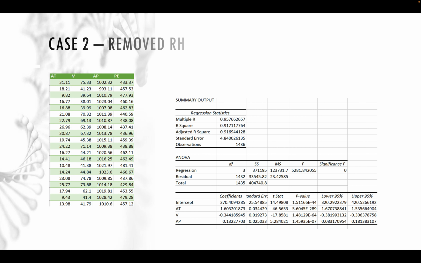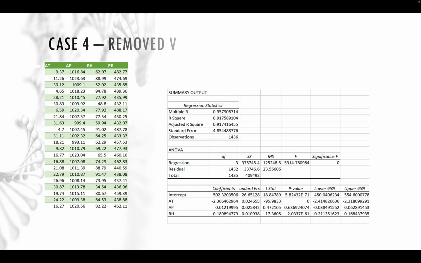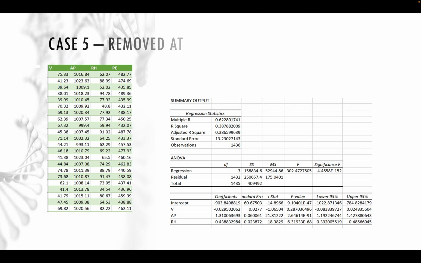Then, to check multiple combinations, I removed one of the features and again ran the linear regression. I repeated this when I removed pressure, vacuum, and temperature, right?